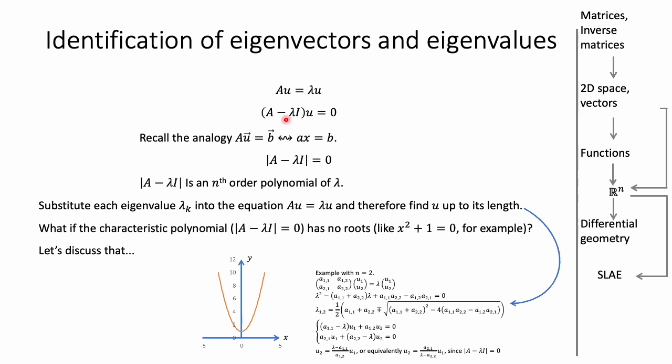what? This factor in the parentheses is a matrix. It's A, which was here previously, minus lambda, which moved from the right-hand part. But we cannot just subtract lambda from A, because lambda is a number and A is a matrix. We have to convert lambda into a matrix as well somehow.